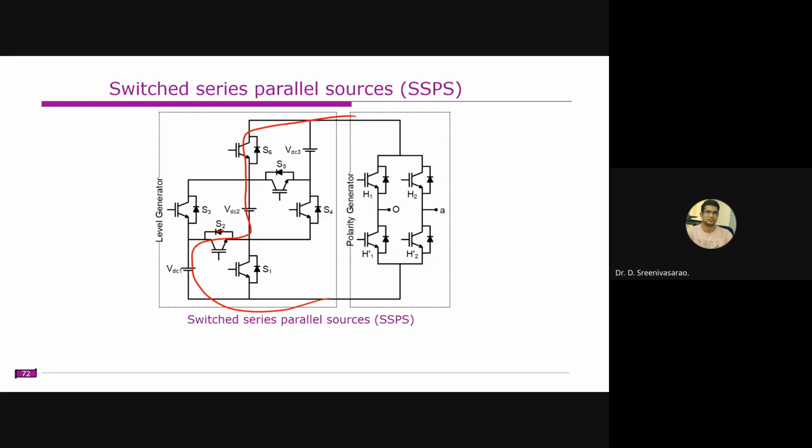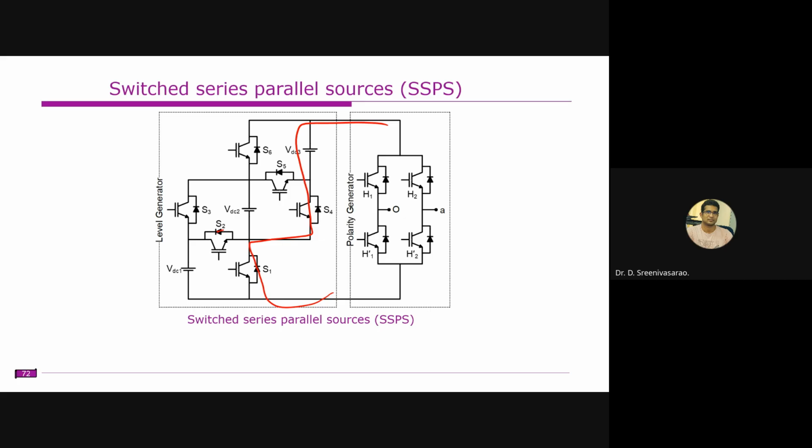That means if you compare these two topologies together, you can say it is having fewer switching devices. There you require 6 devices, and here also you require 6 devices. But the point is that we have a reduced number of switchings. For example, if you require only one VDC, it will be like this.